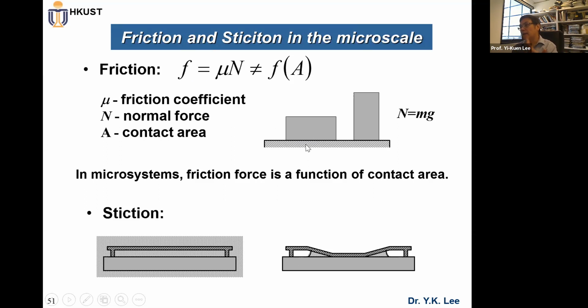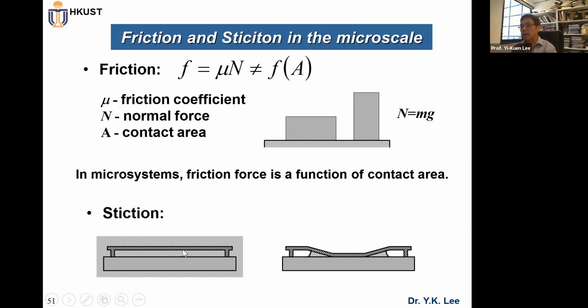And then if you turn this big mass 90 degrees, the friction force is still the same. But in micro scale, it turns out the friction force really depends on the contact area. That is something very, very important. Again, the friction force is a function of contact area.